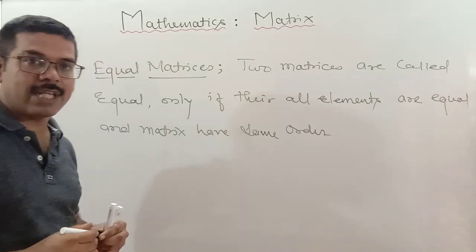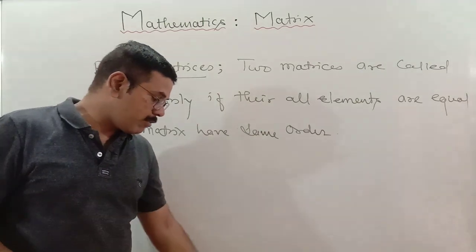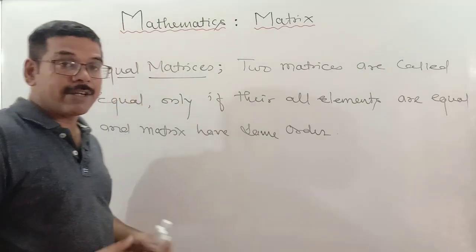If two matrices are equal, they must have the same order and they should have equal elements.